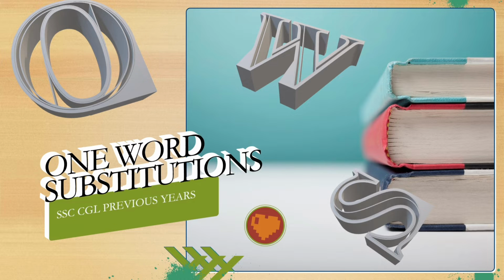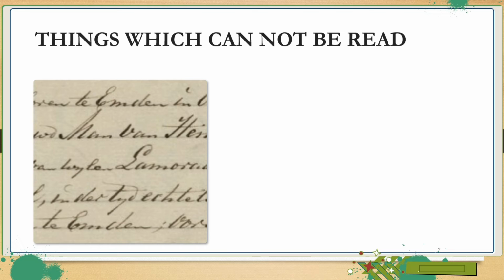So, the first one is things which cannot be read. Now, sometimes we encounter situations in which we just get a piece of paper and it might be important, but because of the handwriting being bad or something else, we are not able to read whatever is written on that paper.